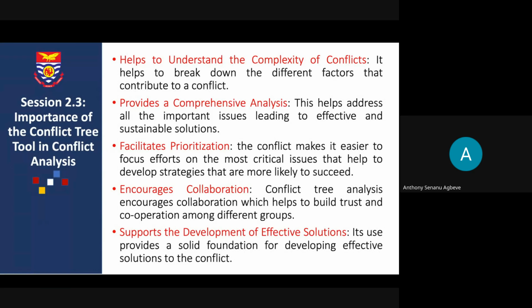And then it also encourages collaboration, right? Because we are going to be dealing with actors and stakeholders, so there's that kind of collaboration and interaction. Stakeholders and actors are able to interact. They can judge so that we see the best way to deal with the situation. That's a form of collaboration.